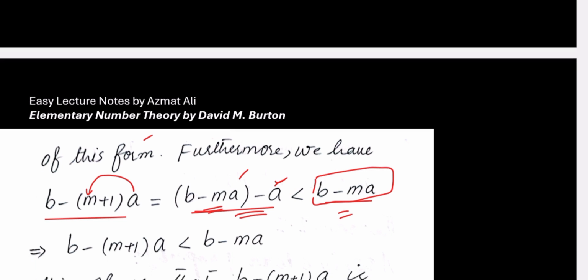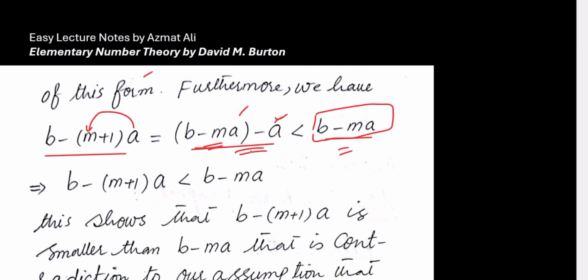If you are unable to understand, suppose the complete number b minus ma is equal to x, then this becomes x minus a less than x. Now you can see here, x minus a is always less than x. This is true.